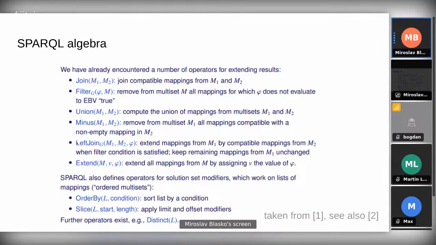This operator also has a condition, so you can filter some of those triples by condition. I will show it later. So this is just an overview of some of the most important operators, and let's go further.